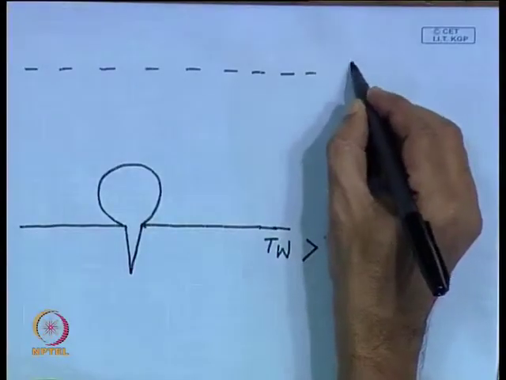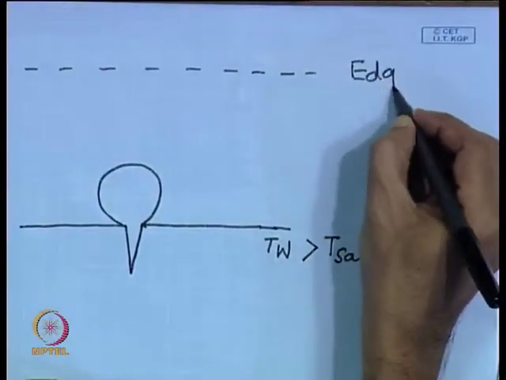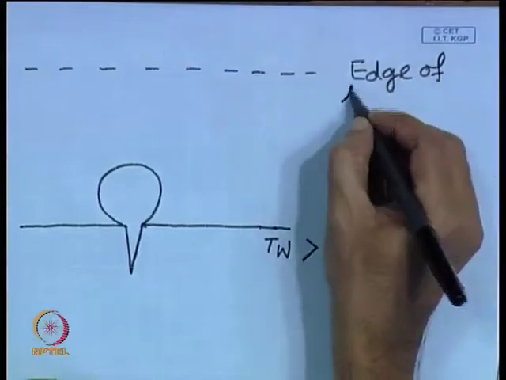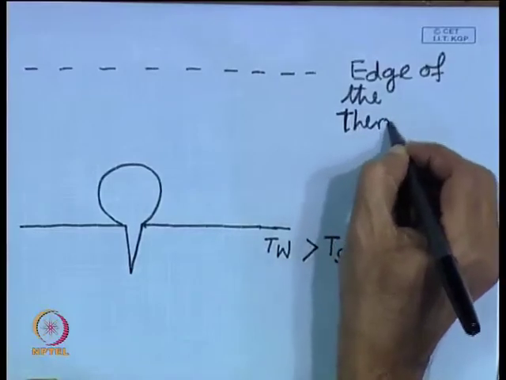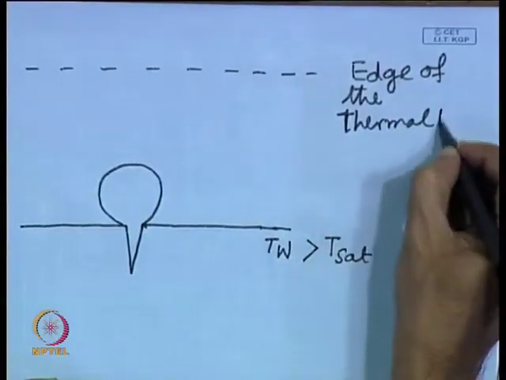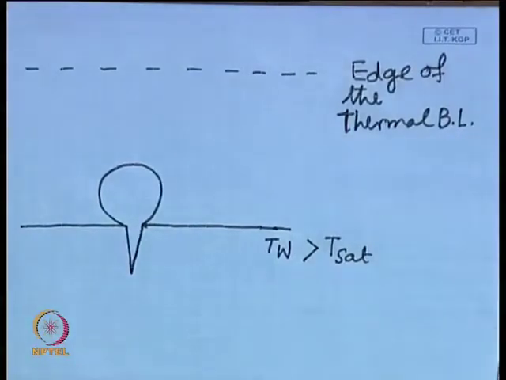So, very near the wall, there is some sort of a temperature continuity between the solid phase and liquid phase. So, we will have the liquid layer at a temperature more than the saturation temperature. Basically, we will have a thermal boundary layer. So, the broken line whatever I have drawn is called the edge of the thermal boundary layer.